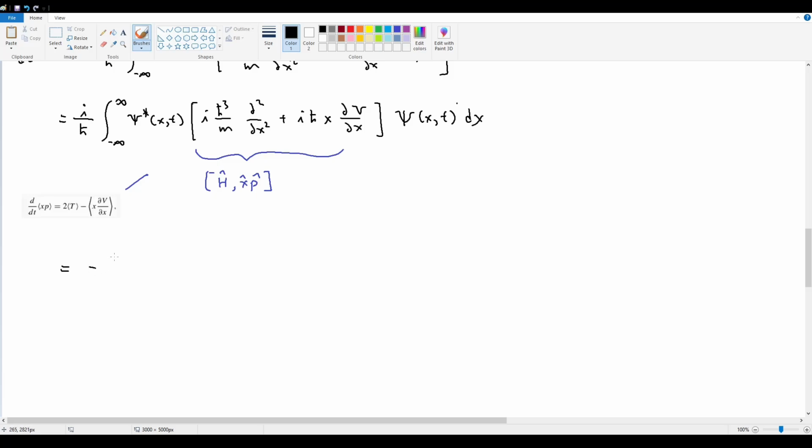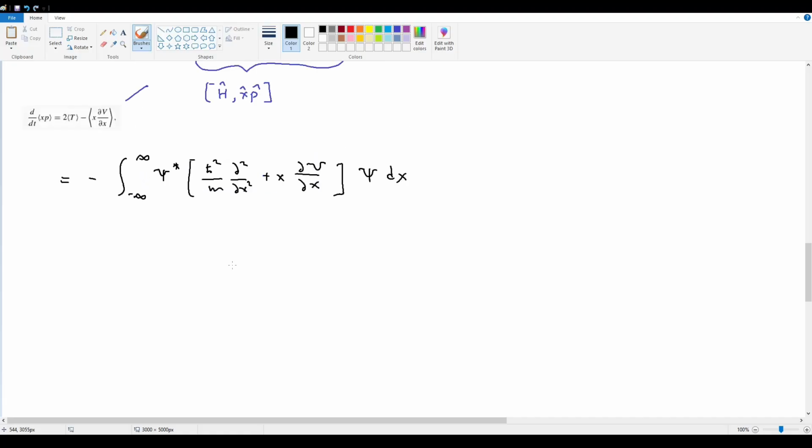So negative integral from negative infinity to positive infinity of psi star, h bar squared over m d2/dx squared plus x dV/dx, psi of x, well, I don't think I need that anymore, dx, like this, right?